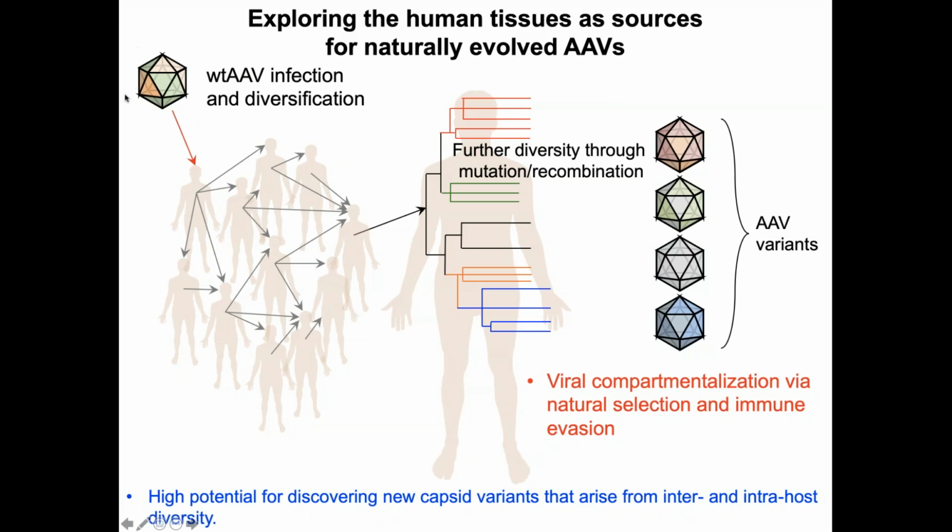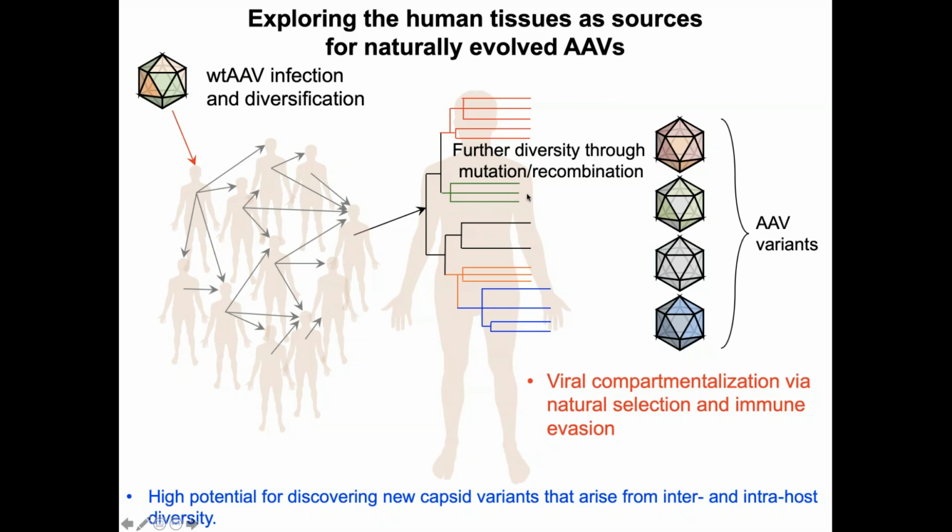Like other viruses, AAV has a degree of mutation, and viruses mutate, of course, to escape the immune system. Furthermore, they may undergo a concept called viral compartmentalization, where they can take up residence in certain tissue types to promote their own fitness.